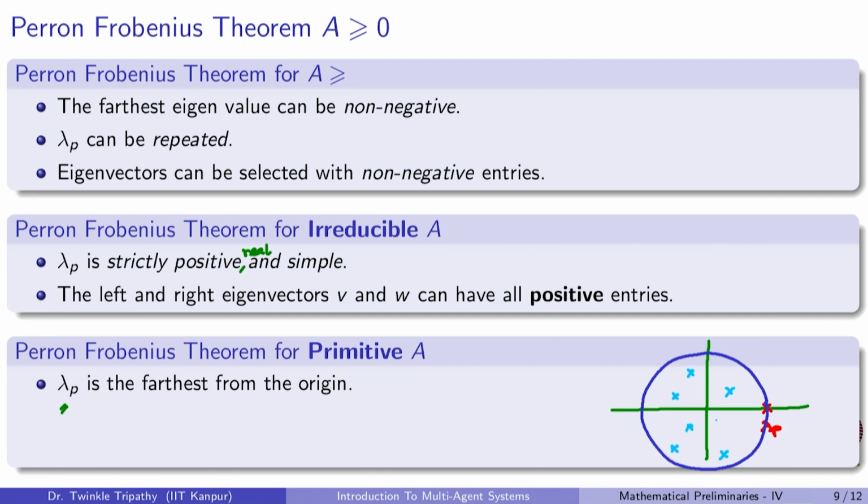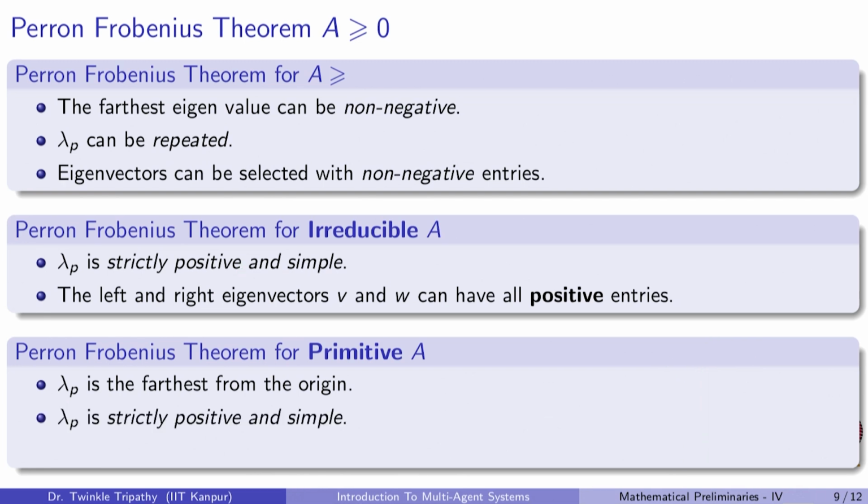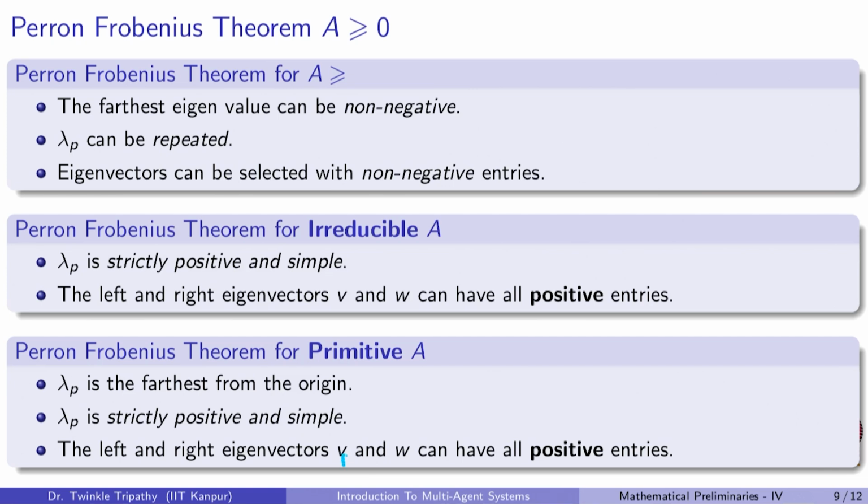Additionally, the properties that were true for the case of an irreducible matrix also hold, which is we can again select the left and right eigenvectors Vp and Wp, which are associated with the Perron root lambda p, such that all of them have positive entries or equivalently entries of the same sign.